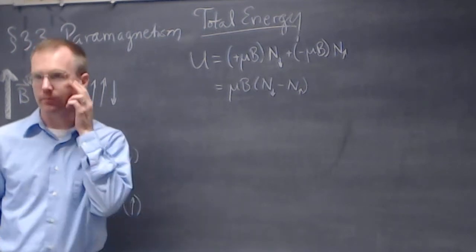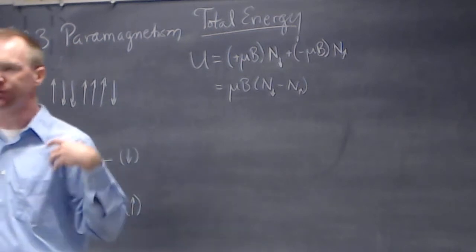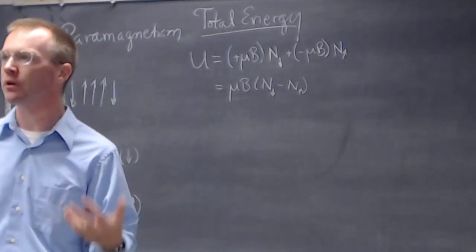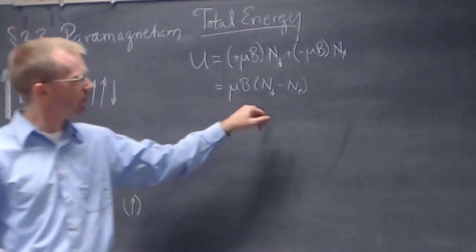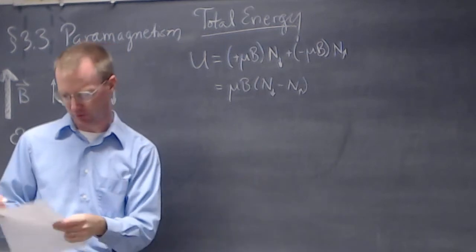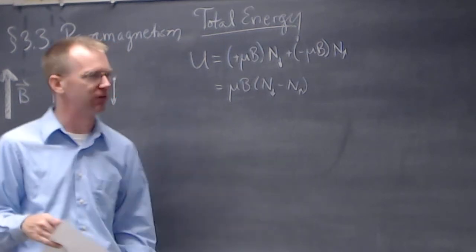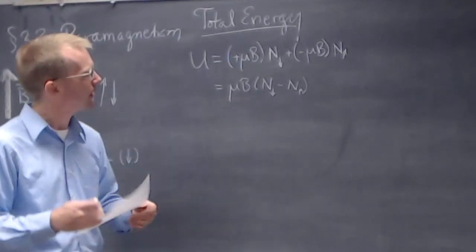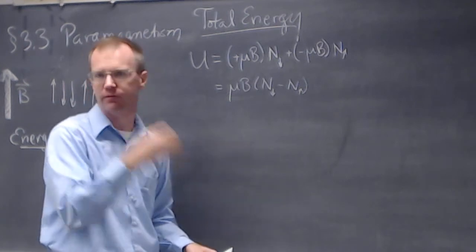Okay, at this point it's a little bit awkward if we keep trying to put it in terms of number down and number up, because what we've really got access to is the total number of these. So we could put it in terms of the total number and the number down. Those are the ones in the high energy state, so they're more interesting, maybe. Either way. Okay, so let's rewrite this in terms of N and N down instead of N down and N up.